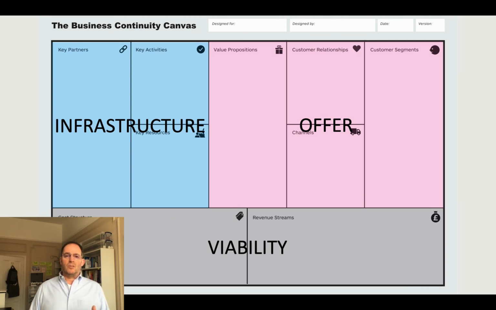What I suggest you do is, once this is in place, start those actions and then continue to review this, continue to go back to your canvas, perhaps on a weekly basis. What do we know now? What's changed? Do we have to make more choices, more decisions?